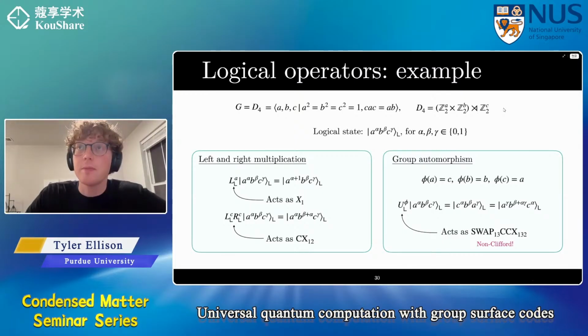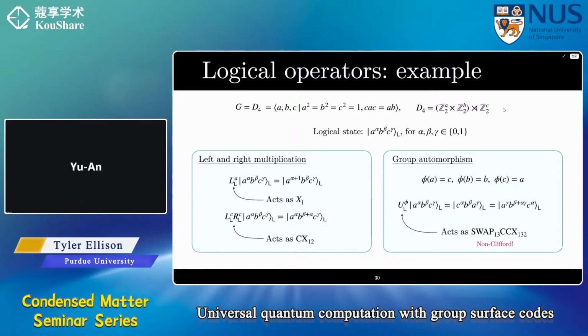Now we can consider left and right multiplication. We would act left multiplication with A, which introduces an A on the left and takes us from alpha to alpha plus 1.